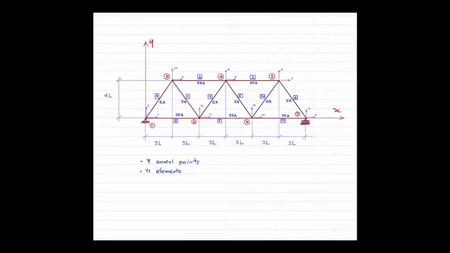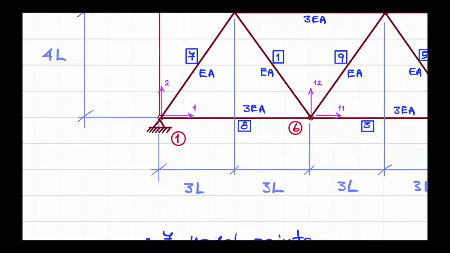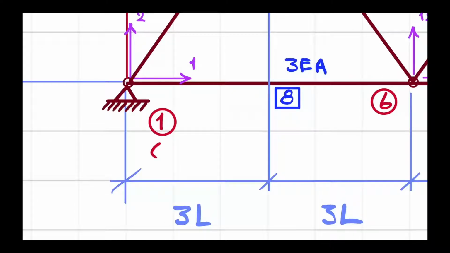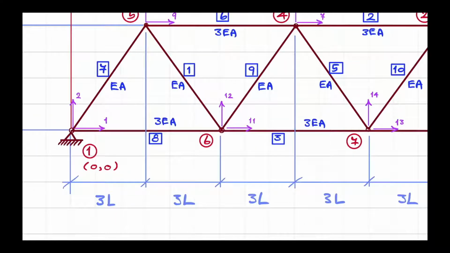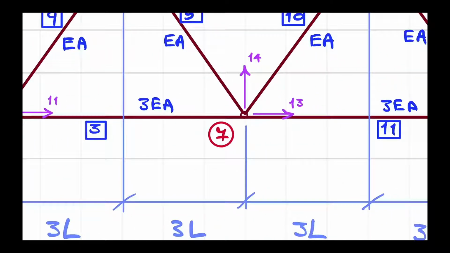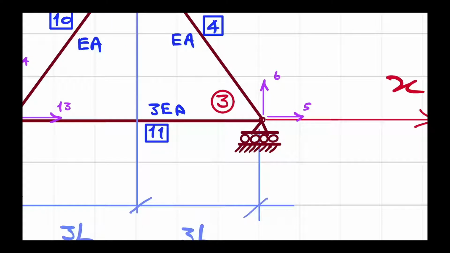What else? I give you the coordinates. So the first one is 0, 0. The number 6 coordinate is 6L, 0. This one is 12L, 0. This one is 18L, 0.